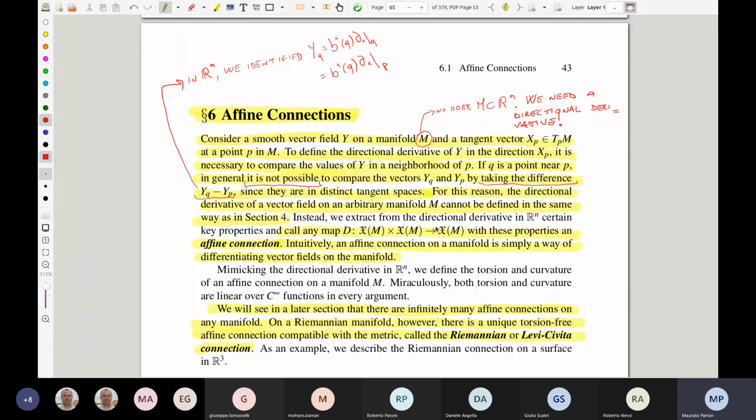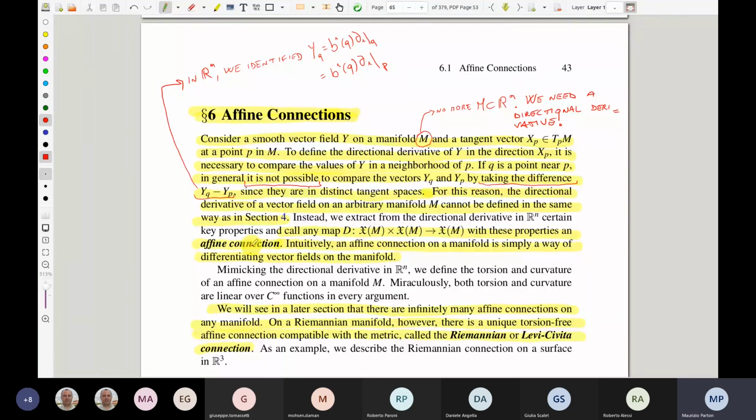So this is the meaning of this sentence. We extract from the directional derivative certain key properties that we already have seen, and we just call any map satisfying these properties a connection.